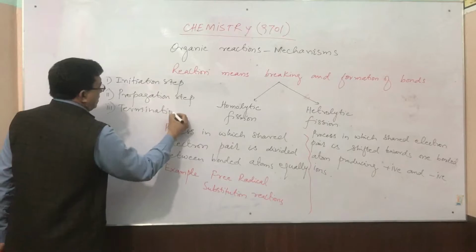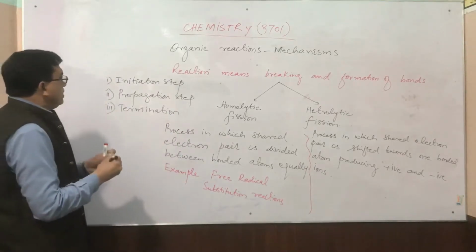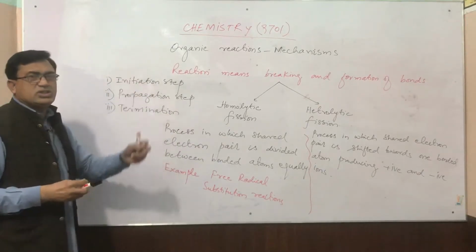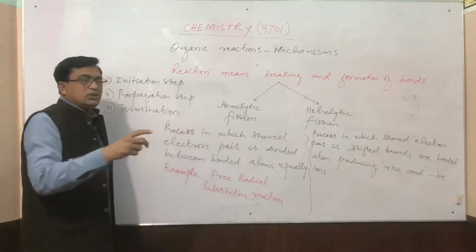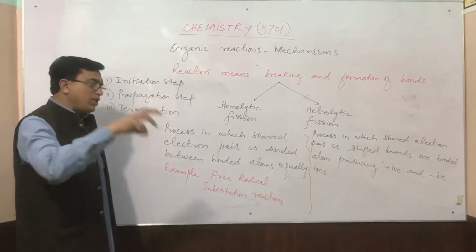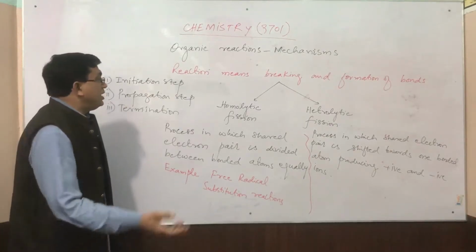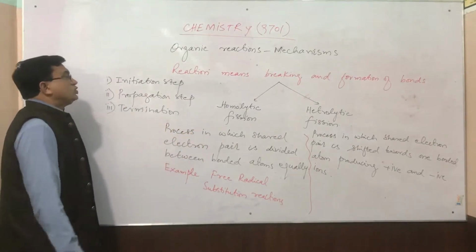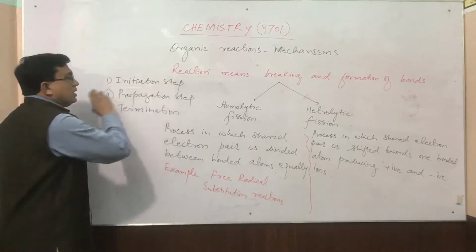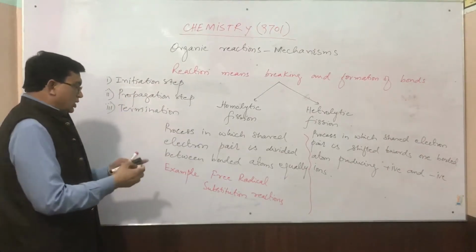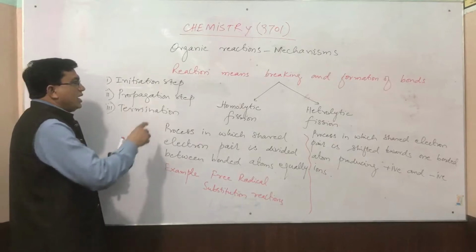In this case also, the initiation step involves the production of free radicals. Free radicals are much more reactive than molecules, so we use the initiation step to initiate a chemical reaction.